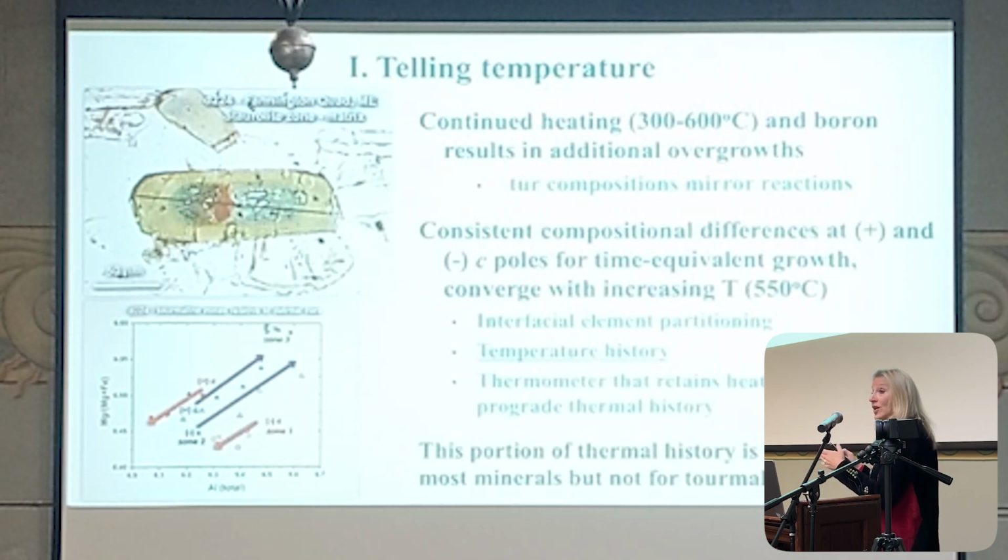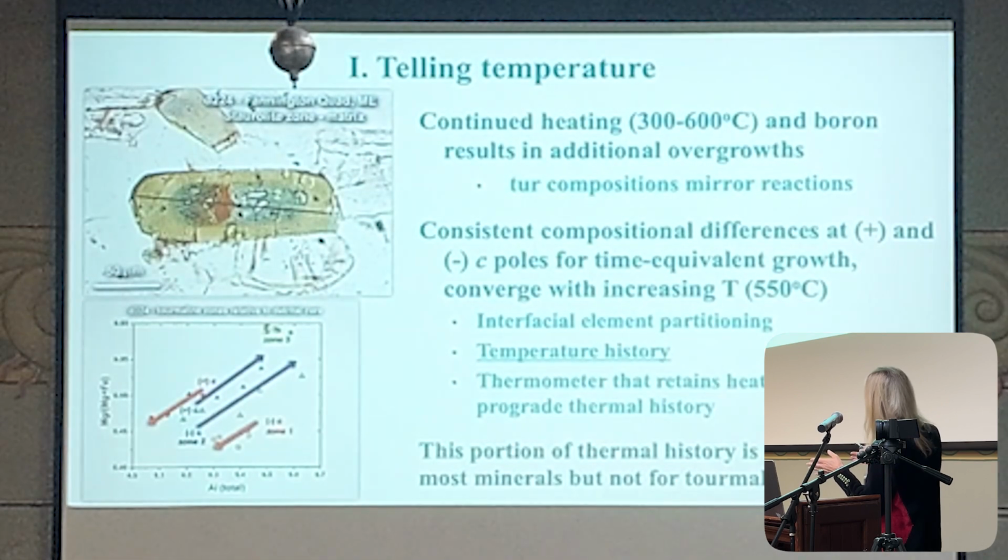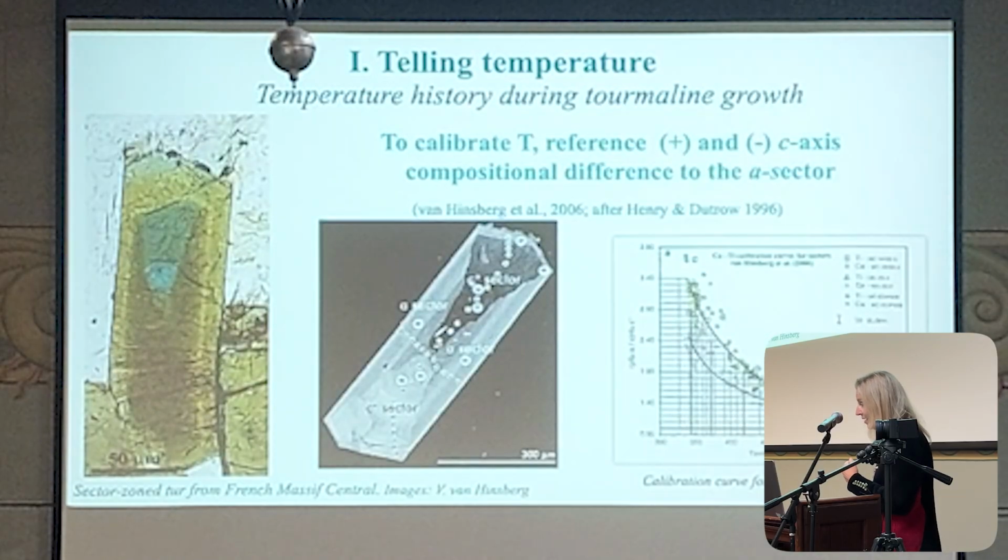So clearly, with temperature, there's a specific type of element partitioning that gets smaller and smaller as the temperature increases. And we can use this partitioning of elements between plus and minus C to make a thermometer. So this has been quantitatively calibrated.